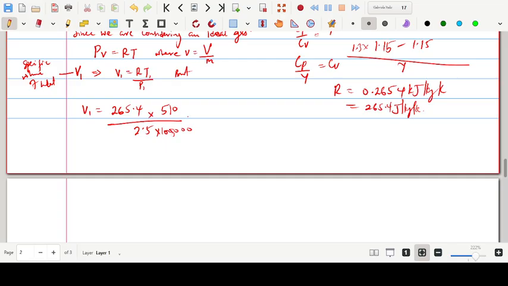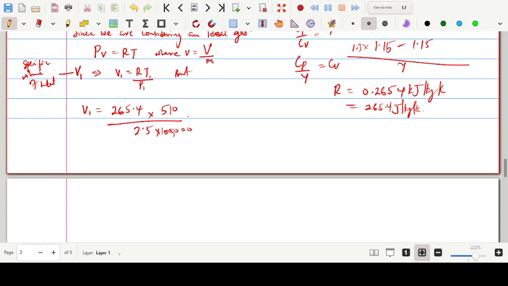So here I can now have 265.4 multiplied by 510. Beautiful. Now divided by 2.5 multiplied by 100,000, which has 5 zeros. Am I correct?